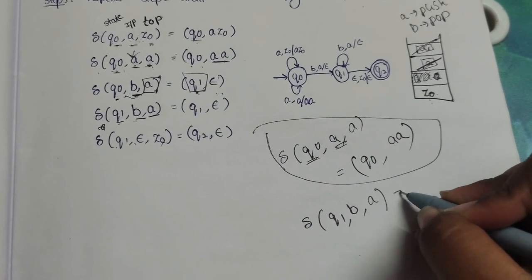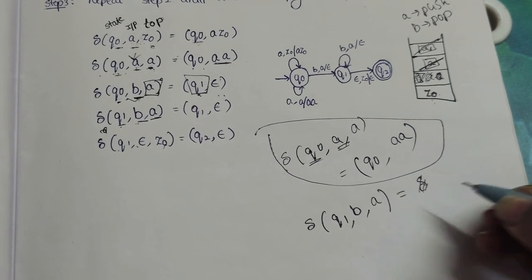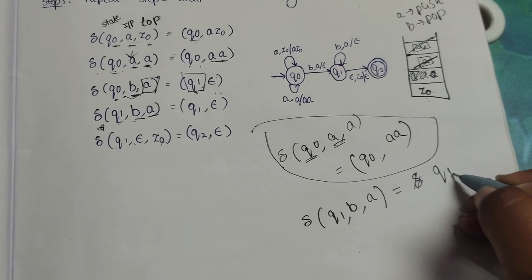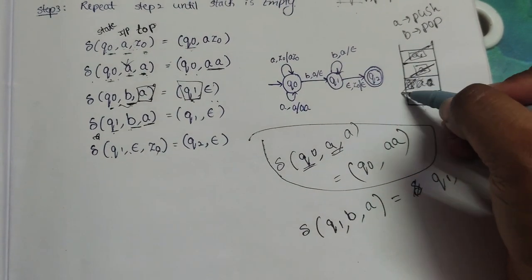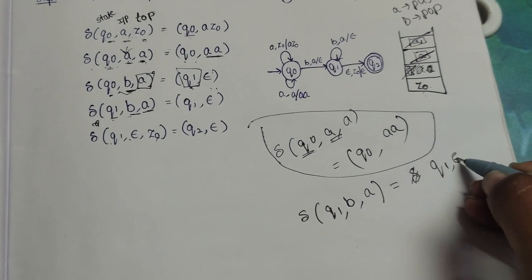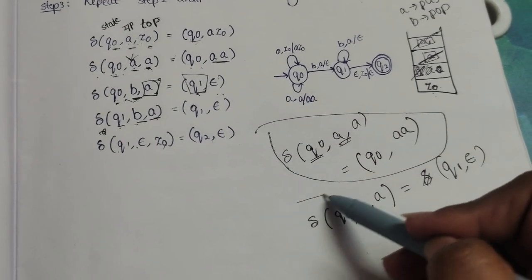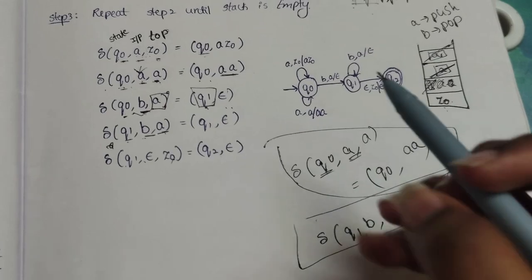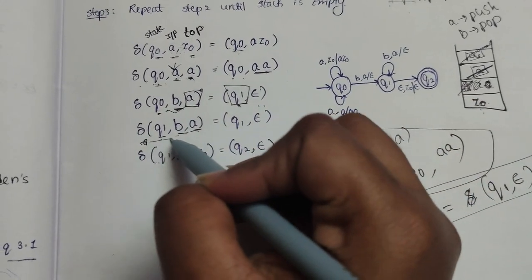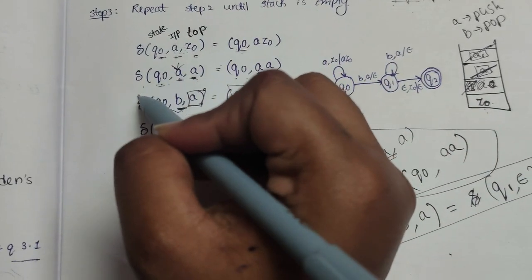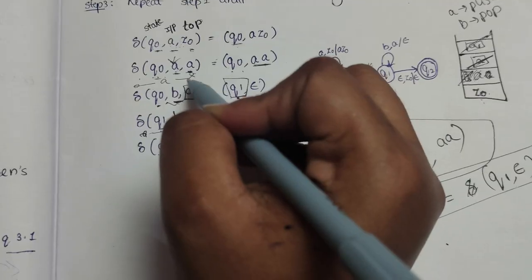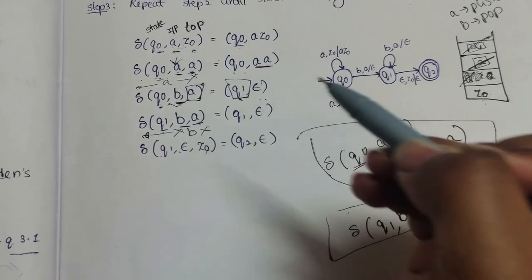A, and we'll be popping this also, so epsilon. But this and this are the same, so we won't be writing them again. Here another state, another A, and another B will be there, and we won't be writing them.